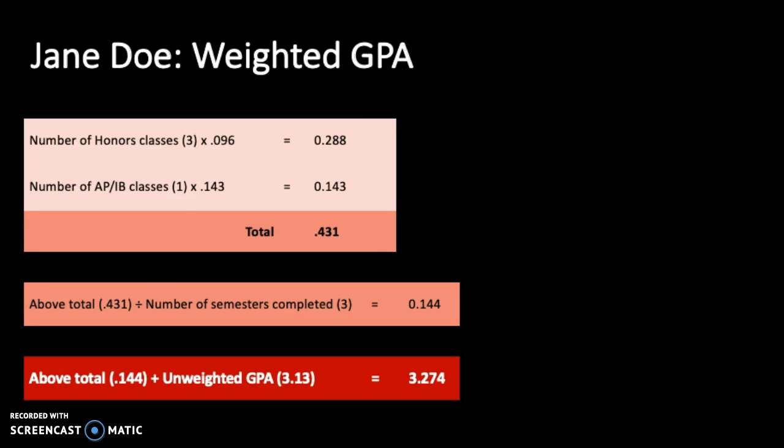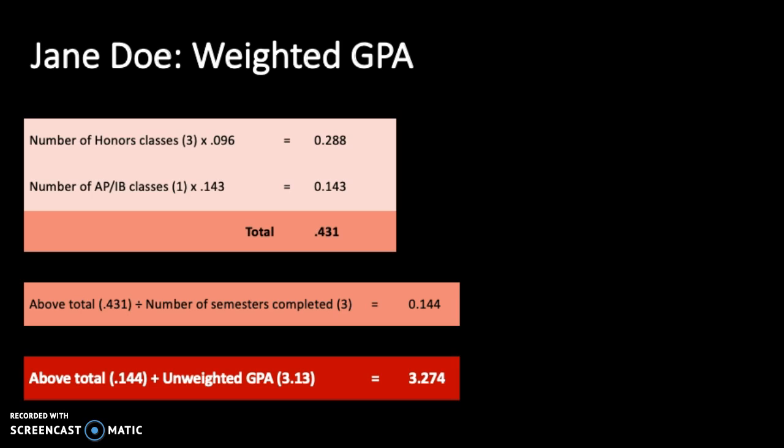For Jane's weighted GPA, we need to add in extra points. Jane has taken 3 honors classes and 1 AP class. She hasn't taken any IB classes. To calculate her weighted GPA, first we multiply 0.096 by 3 to get the total for her honors weighted points, and we multiply 0.143 by 1 to get the total for her AP IB weighted points.